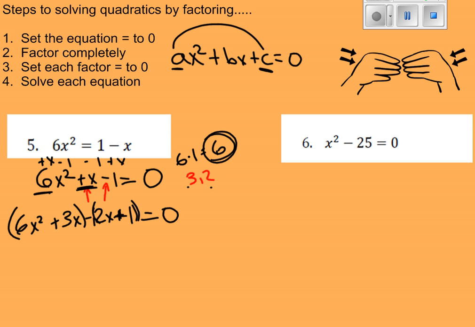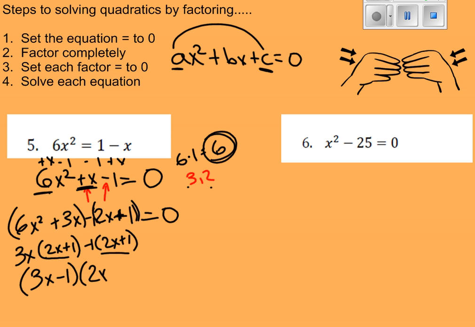So for 6x squared and 3x, I can pull out something in common. 3x is in common there. That gives me 2x plus 1. For the second group, 2x plus 1 gives me nothing, so I just leave it as is. But take a look: 2x plus 1, 2x plus 1. So what that looks like is this. Now, where did this negative 1 come from?